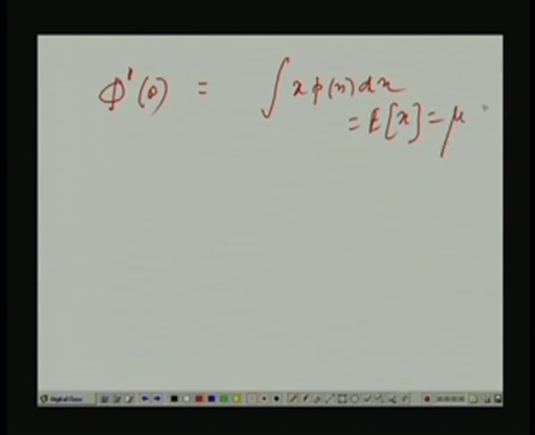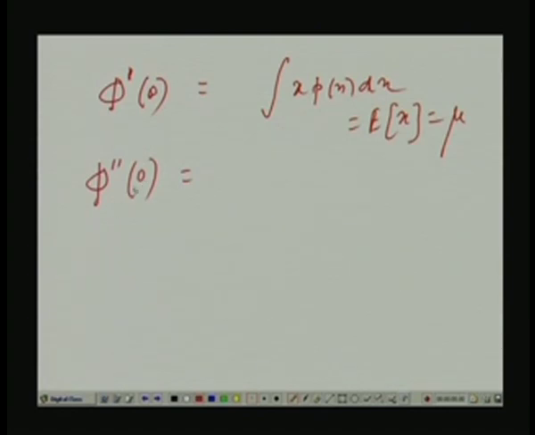As for example, if n equal to 1, then what happens? In the integral you have got x to the power n, which is nothing but x, P x dx, in fact that is equal to E x, that is mu. And what is phi double prime at 0? That is n equal to 2, the second order derivative at the origin, at s equal to 0.